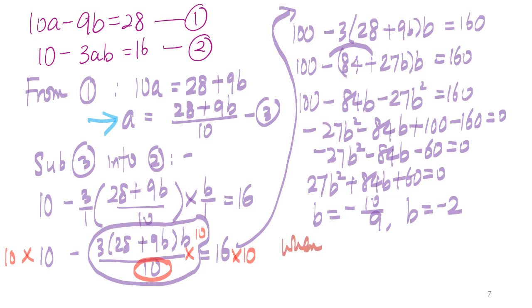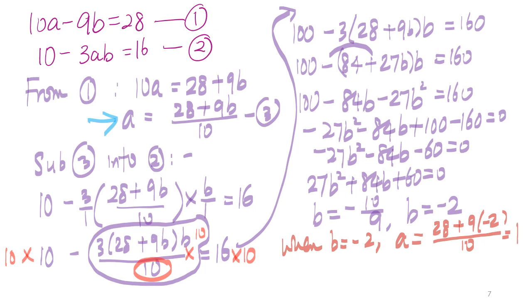When b is equal to negative 2, a will be 28 plus 9 bracket negative 2 divided by 10, and that gives us 1.